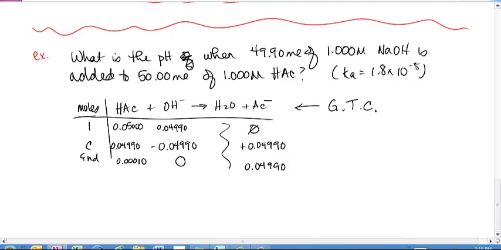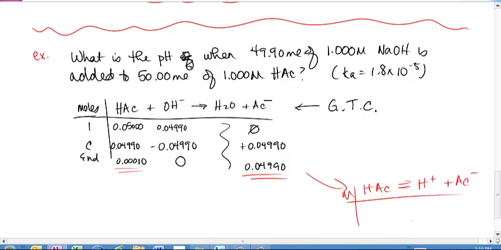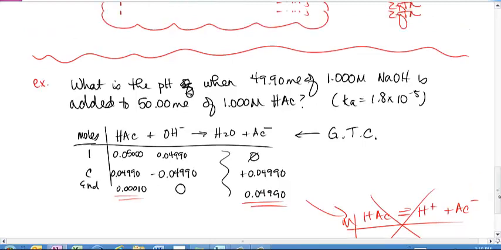Awesome. Now, at this point, what we did before was we said, oh okay, look, we've got acetate ion, we've got acetic acid. We're going to go ahead and do the equilibrium, do a new ICE table with molarity, use the Ka and all that stuff that we did before. But we're going to shortcut it today.